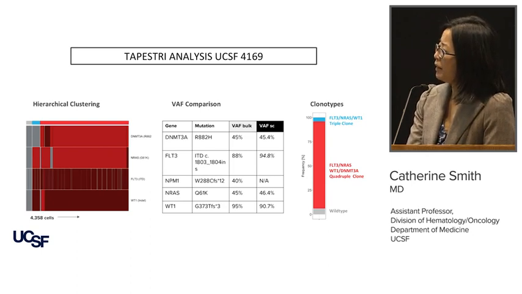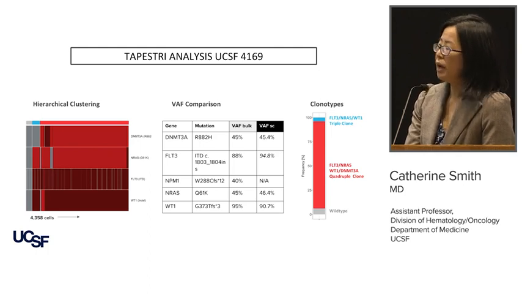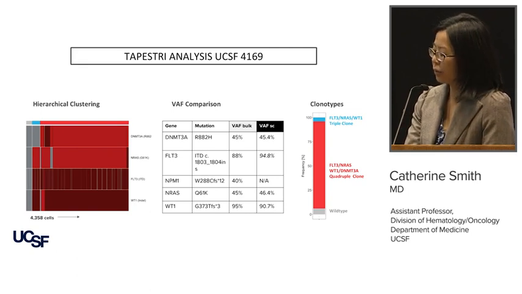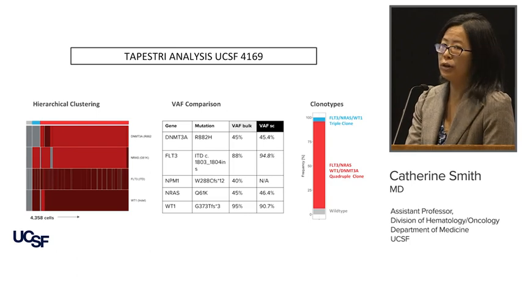And so what we think is that this represents another potentially technical artifact of the platform, in which you can see allele dropout of the mutant allele, and when populations are approximately 8 to 10% or less, it's unclear if they may likely be due to allele dropout or potentially represent a real cellular population. And further investigation of serial samples can usually help elucidate this, and we'll show you an example of that later on.